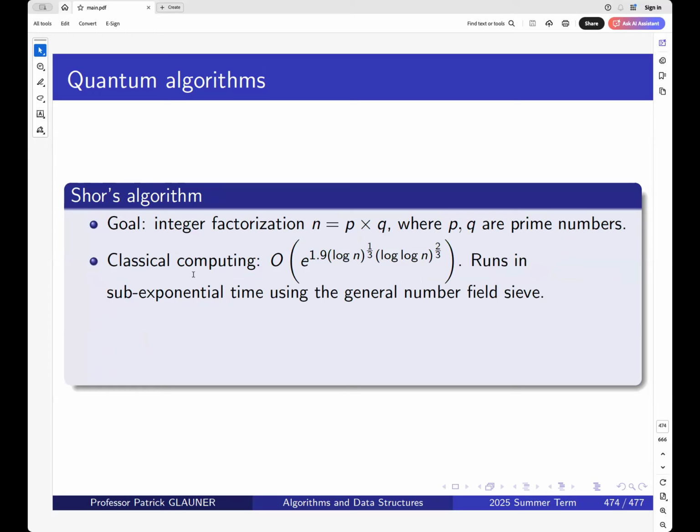And imagine I have an integer n, and it's the product of two prime numbers, p and q. So p and q are prime numbers, and n is the product of these two prime numbers. What I want to do is, I have n, and I want to know p and q.